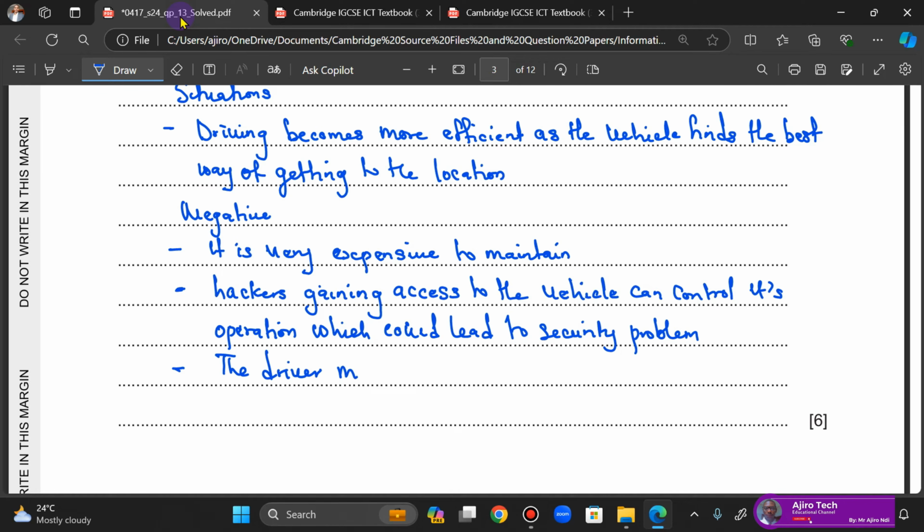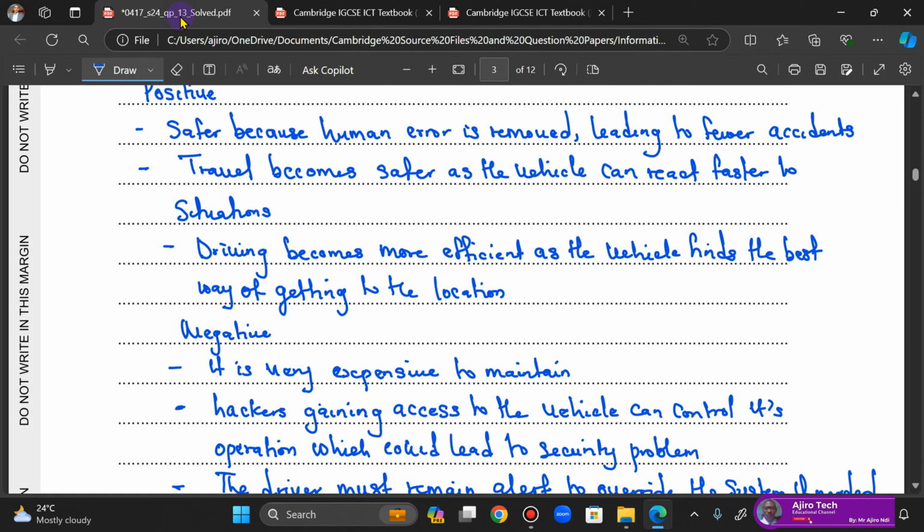Drivers must remain alert to manually override. When you notice something, you can override the system if needed. That's why you have to be vigilant.